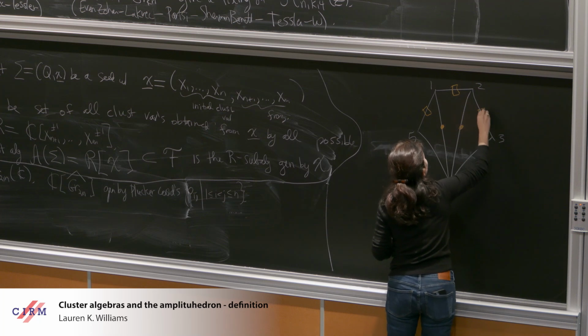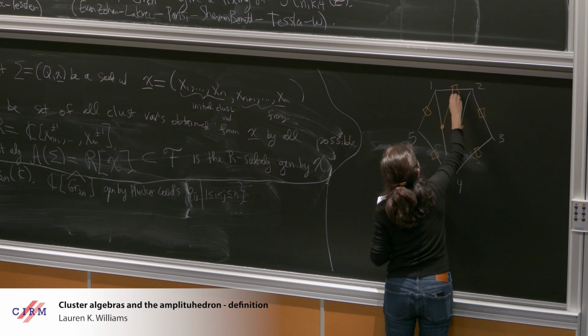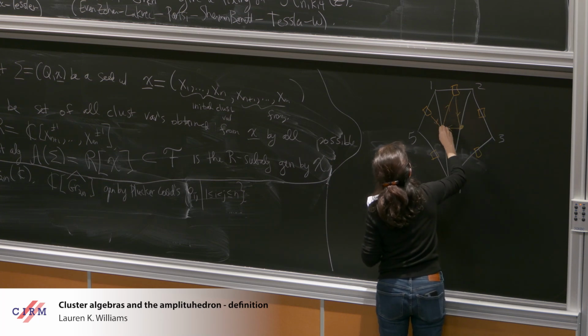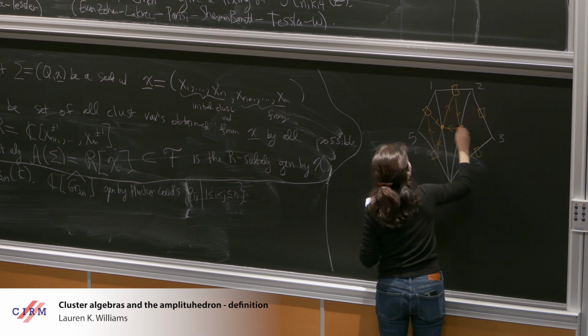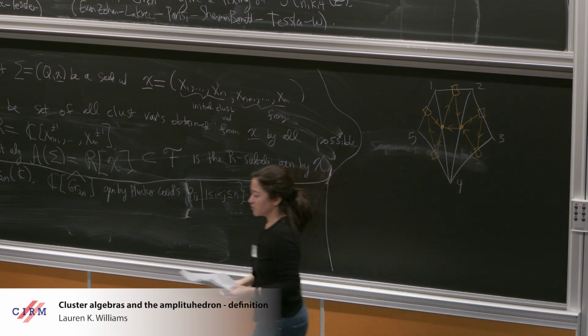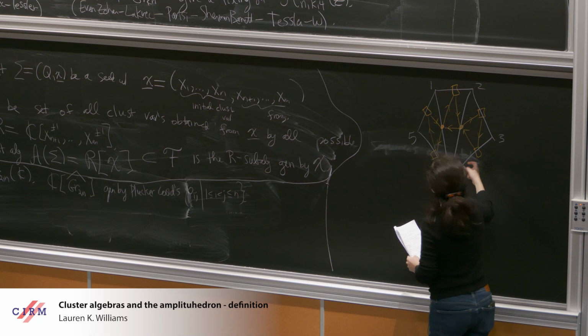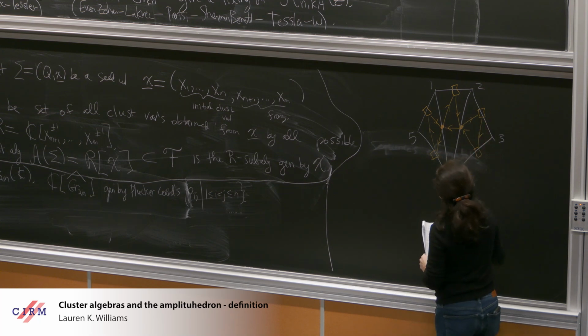I put a frozen node on every boundary segment, and then I inscribe directed triangles, say oriented clockwise, in all of my white triangles of my triangulation. And then my cluster variables and frozen variables get labeled by Plücker coordinates.